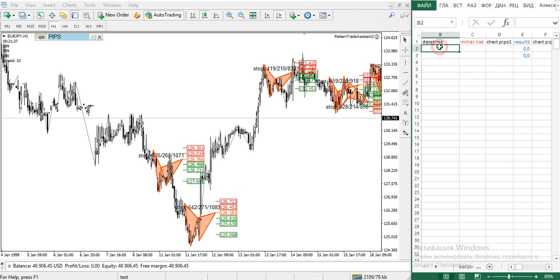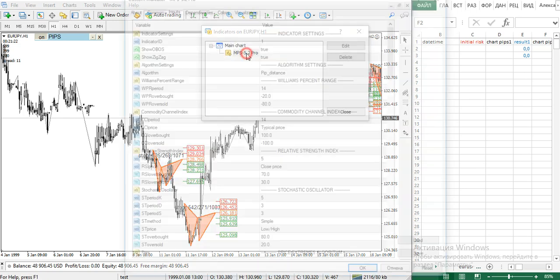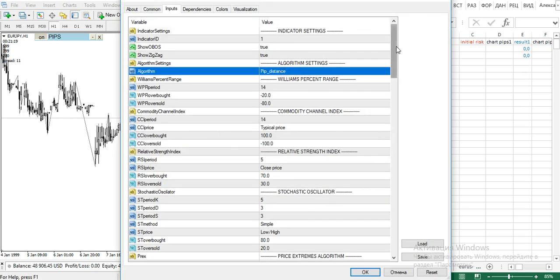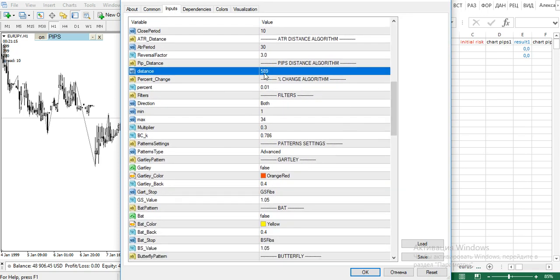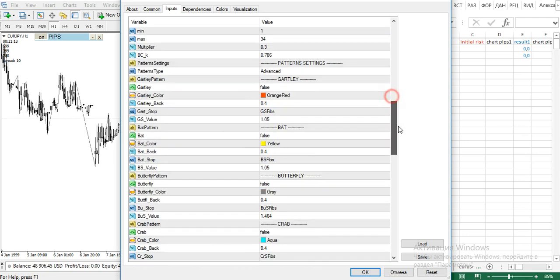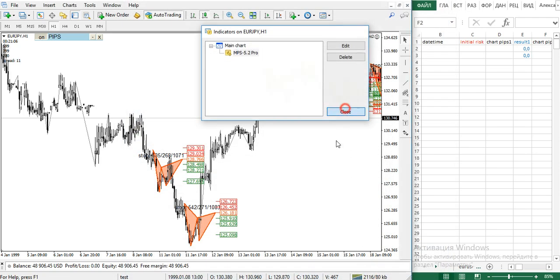So I have enough space to type my date, initial risk, the chart pipsage that I get, and the chart pipsage for the target. I already set my MT5 pattern recognition software to pips distance algorithm. I already set the value of 58.9, and I disabled all the patterns except custom pattern unified Gartley.